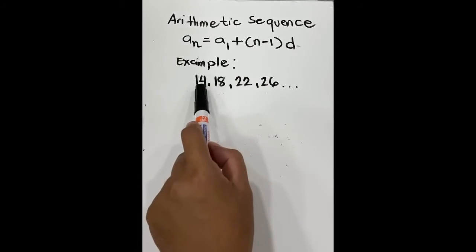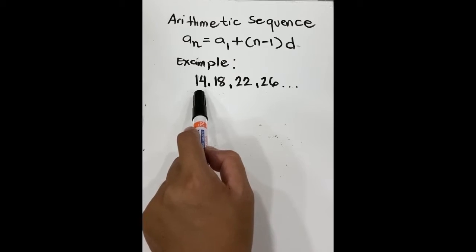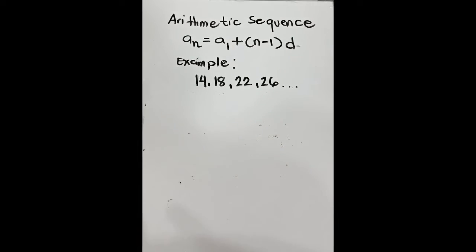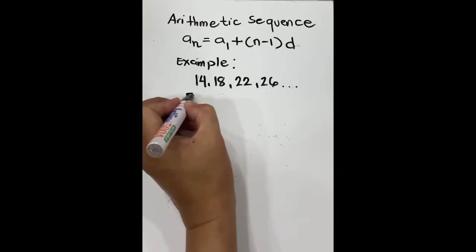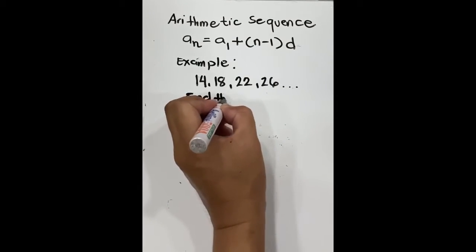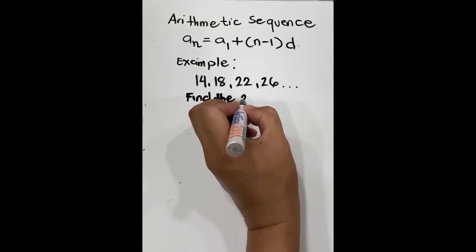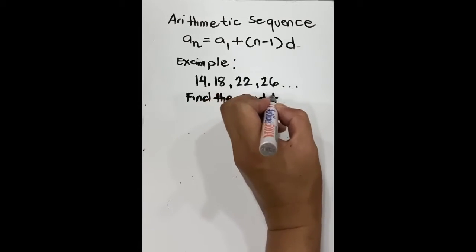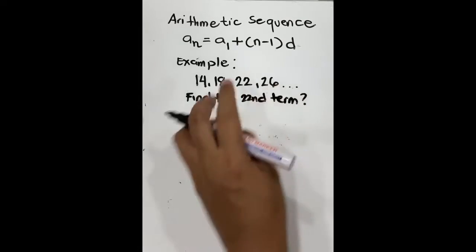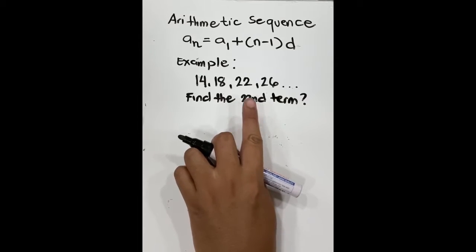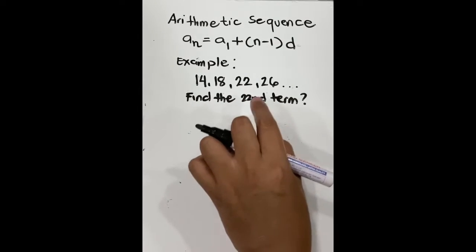So for example, we have this sequence 14, 18, 22, 26. So what if I ask you to find the 22nd term? So ibig sabihin, hahanapin natin yung pang 22 na term.